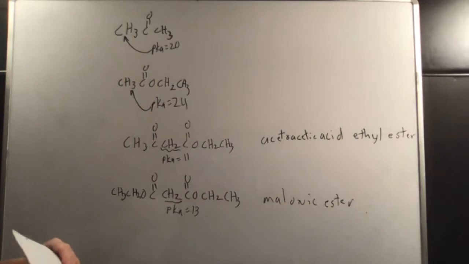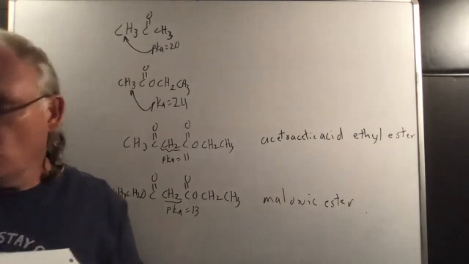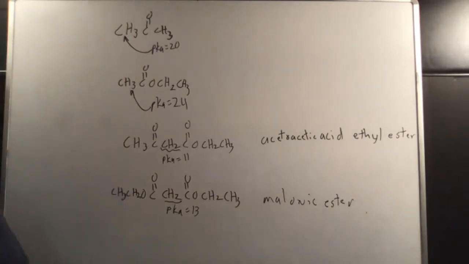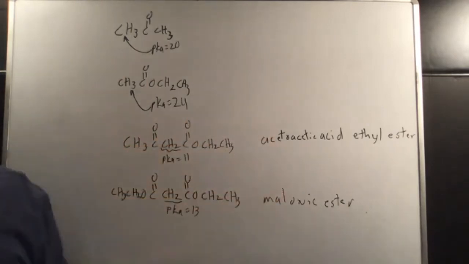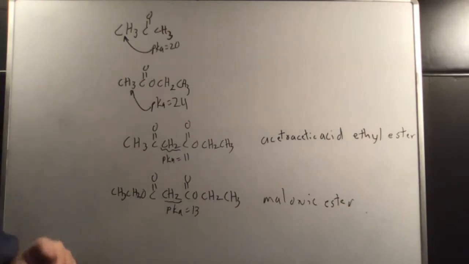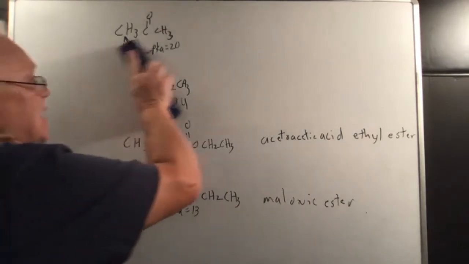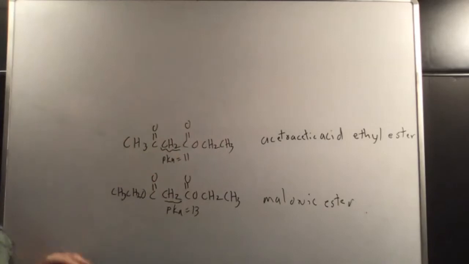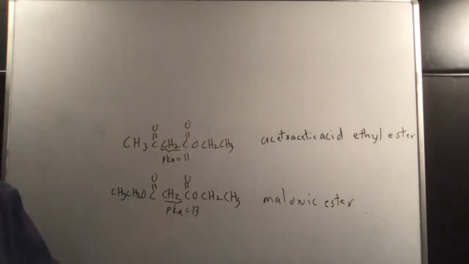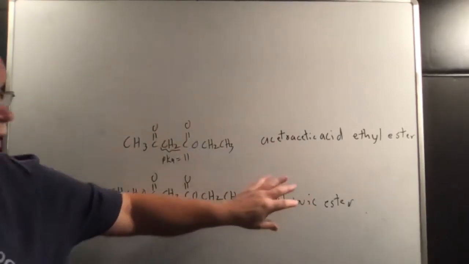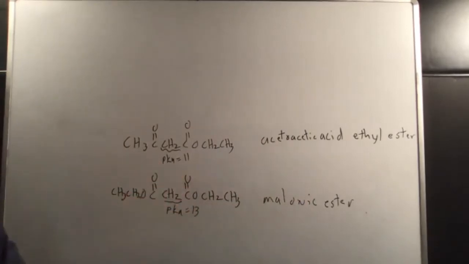Now listen carefully. You need to know the names of those two compounds. So on your notes, you're going to write this structure and write the names of them. You need to know those, because on the test, I'm going to give you a question, and I'm going to say, in the malonic ester synthesis, do something. Then you know that you're going to start with this compound.